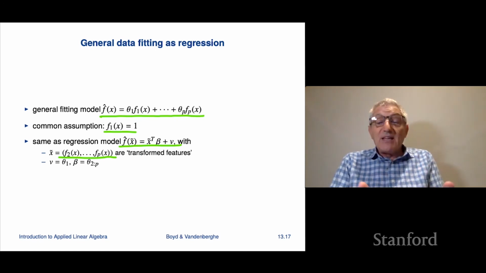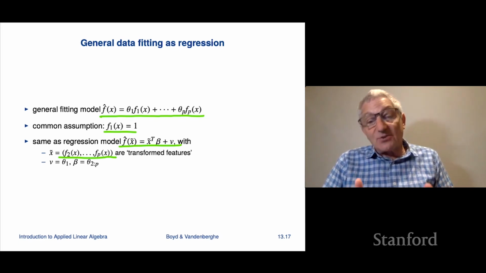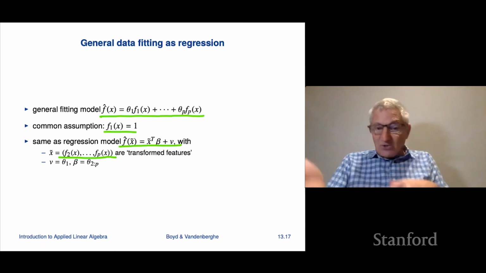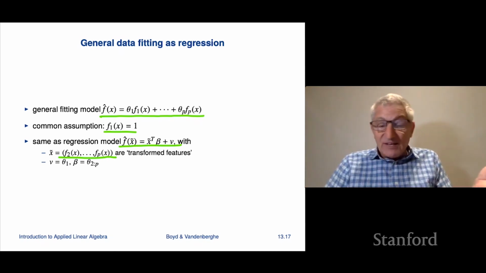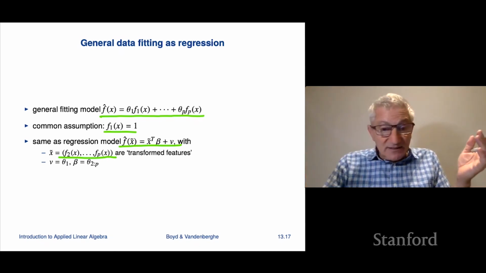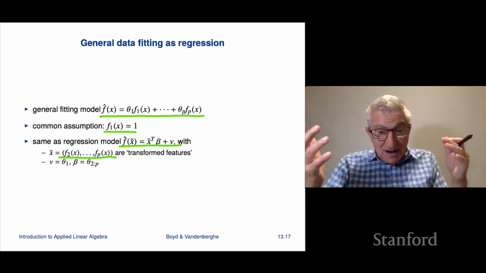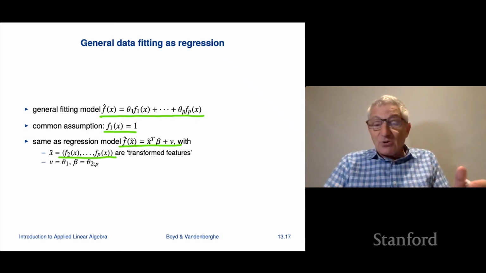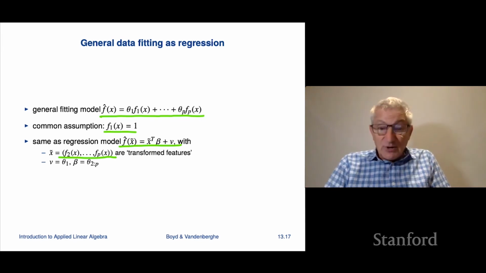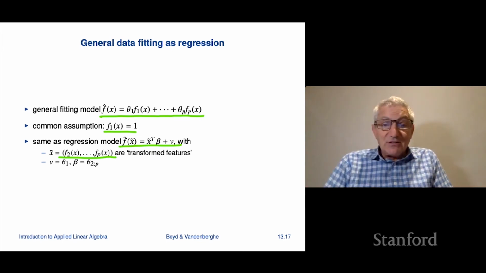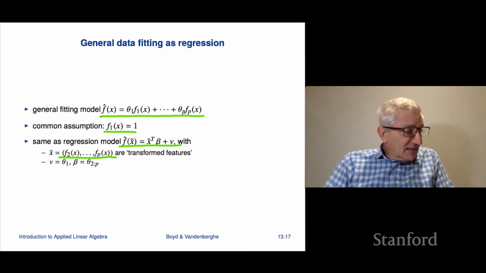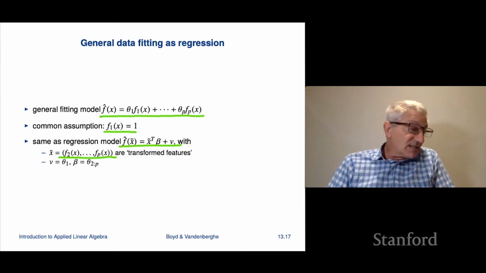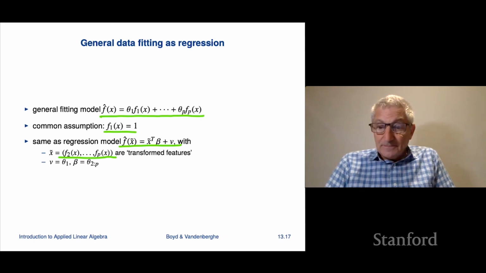In that case, you'd call the x's the raw features, right? And then the f's transform them. Like, for example, if you're fitting a polynomial, they would take the 4th power or the 6th power or something like that. So that's called data transforming or feature transforming. And then you simply do regression. So they're basically the same thing. They just have slightly different notation systems. And I should say that both notation systems are kind of widely used.